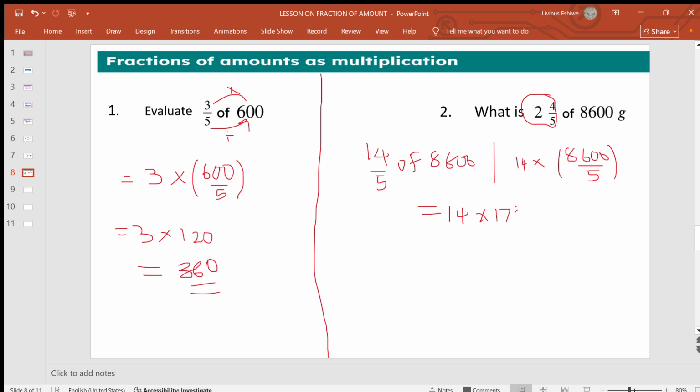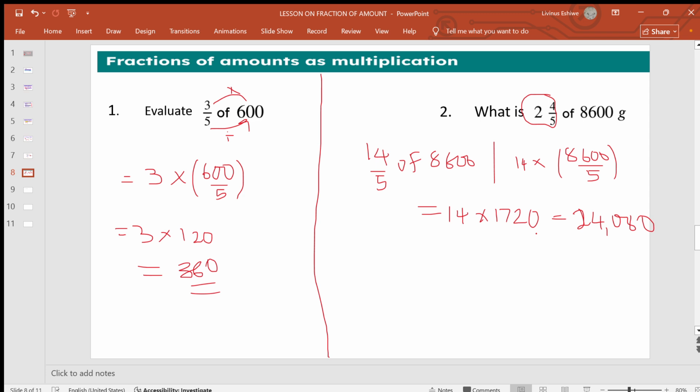Into 10 is 2, and then 0. So let's use our calculator to multiply this clearly. 14 times 1720, and this is what we got. So our answer becomes what? 24,080 becomes our answer.